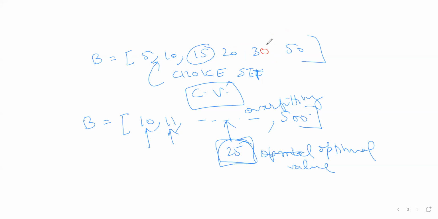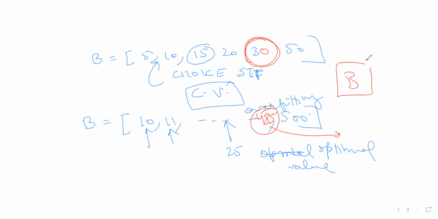This is the value chosen, not necessarily the middle one giving me the optimal value. I have just taken an example. The optimal value in terms of MSE is the one after which the MSE keeps on increasing on the tested data in a cross validation set. That is my optimal value of B.